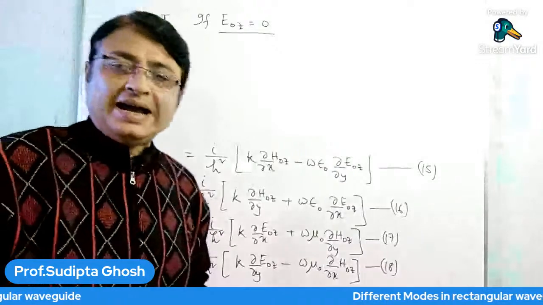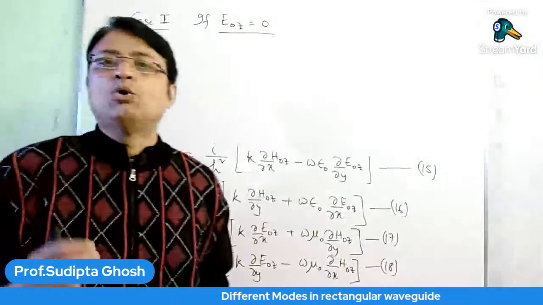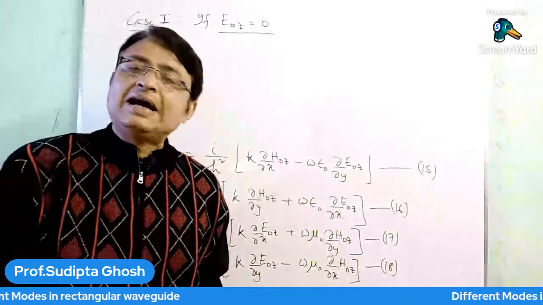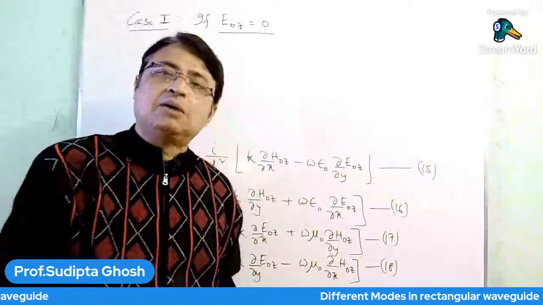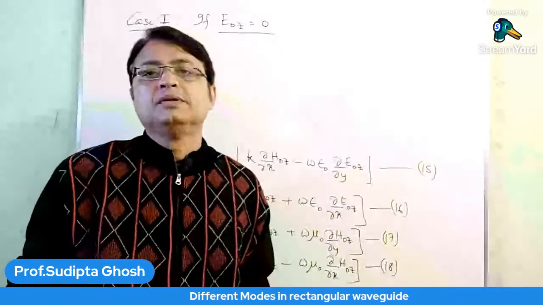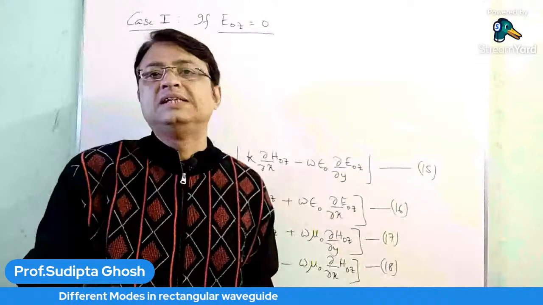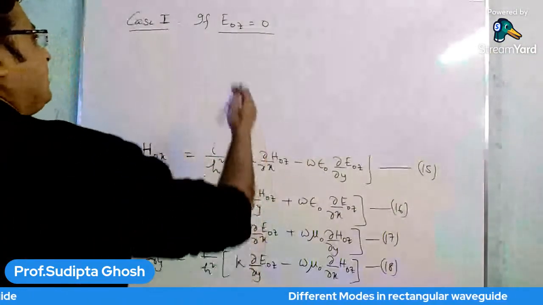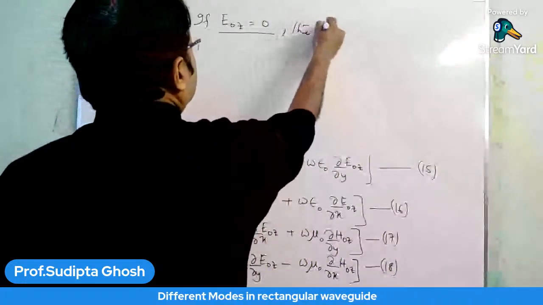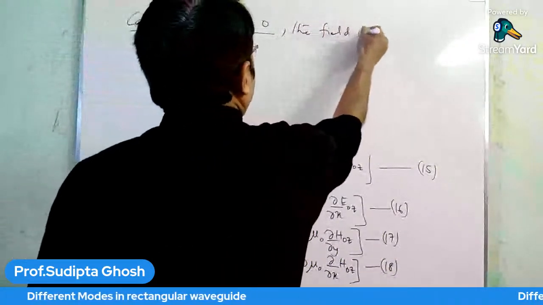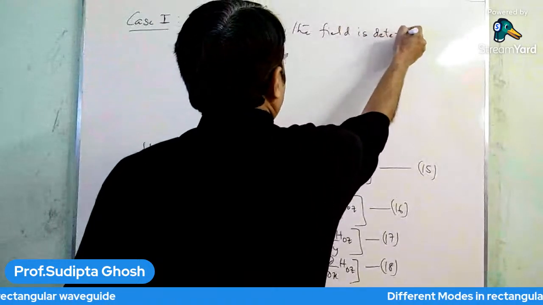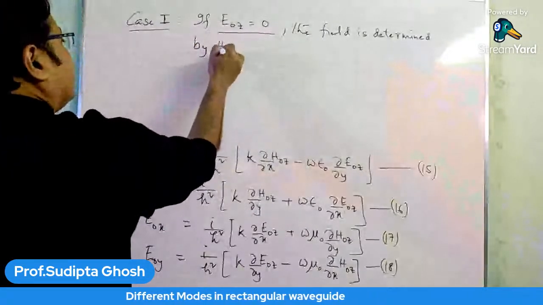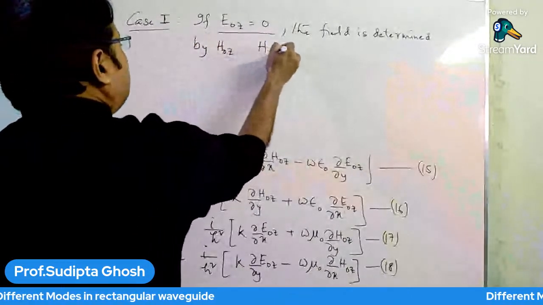So for any wave, if the component EOZ vanishes, or if EOZ equals 0, then the entire field will be determined by the component HOZ only, and these types of waves are known as H waves.